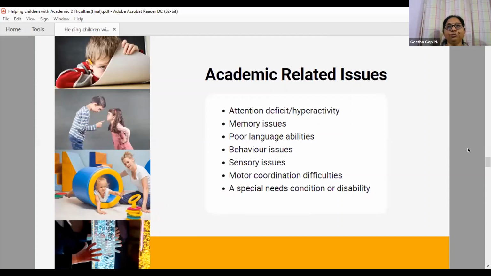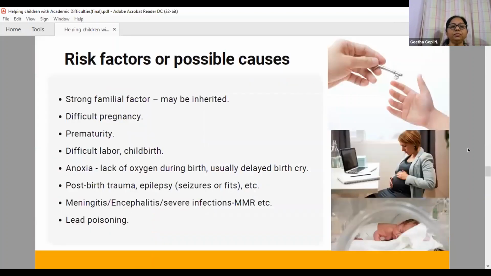So if you have children who have already come through a proper formal diagnosis and have a condition that is causing the academic acquisition delay or difficulty, definitely an established special needs condition is also a reason or a cause for difficulty acquiring academics in a smooth and efficient manner.